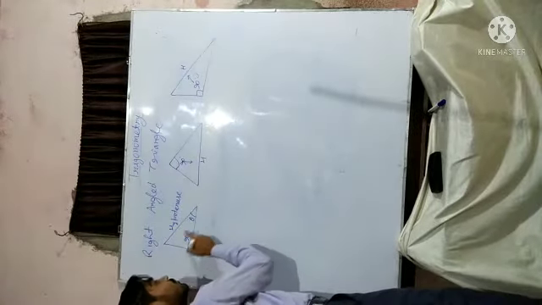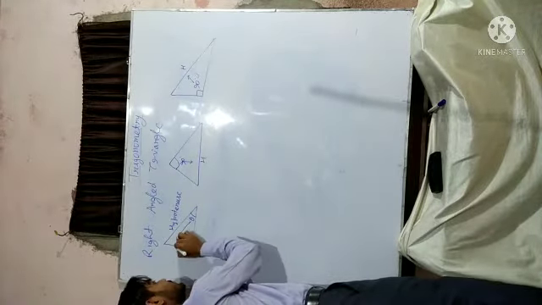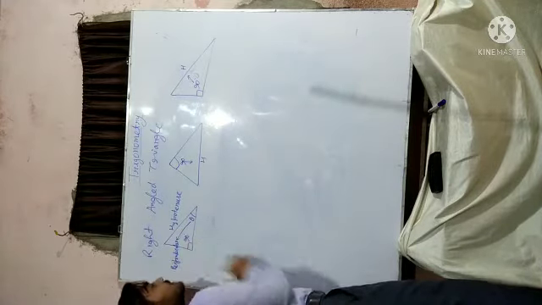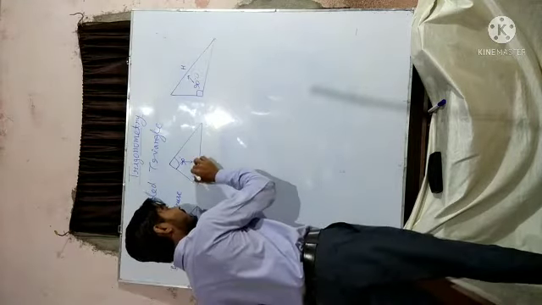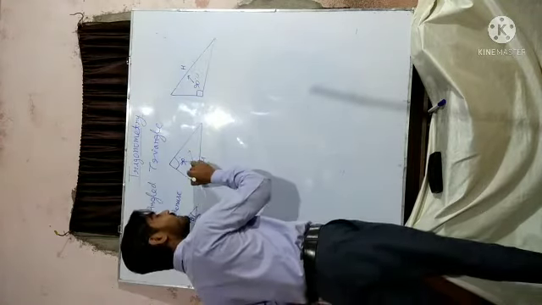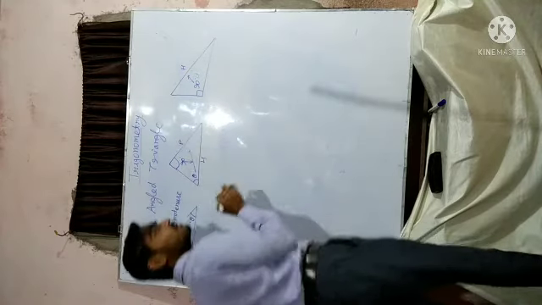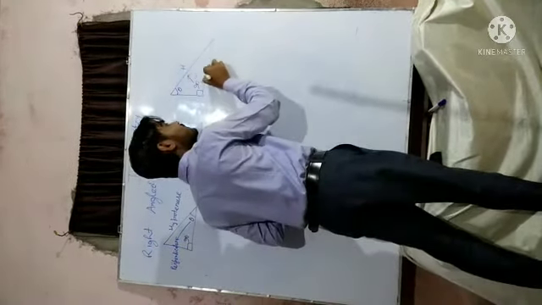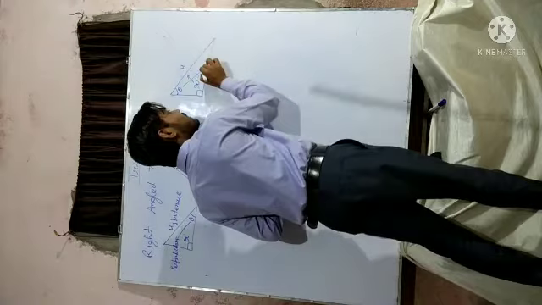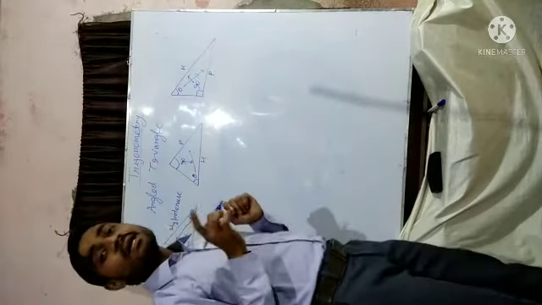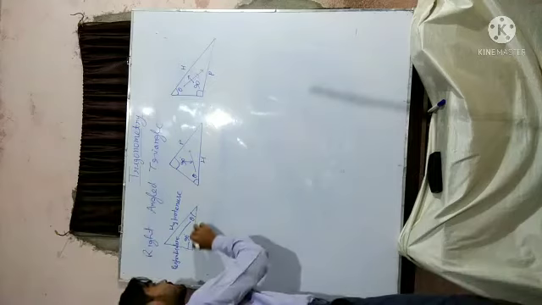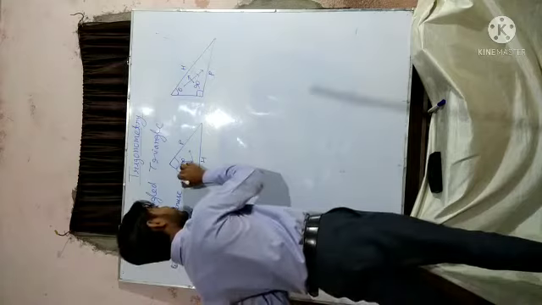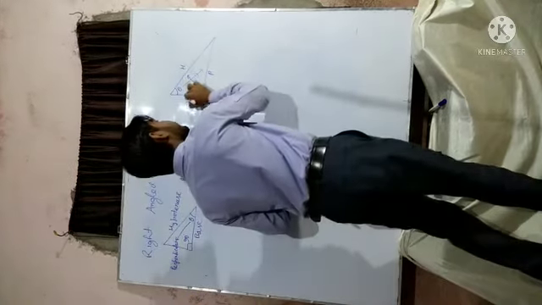Then the side opposite to the angle of reference is known as the perpendicular. If we take this theta, then the side opposite to theta is the perpendicular, and the side adjacent to the angle of reference is known as the base. This is the side adjacent to the angle of reference, so this is the base, and this one is also a base, and this is also a base.